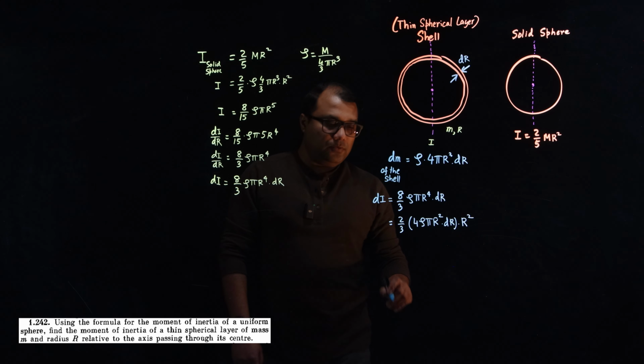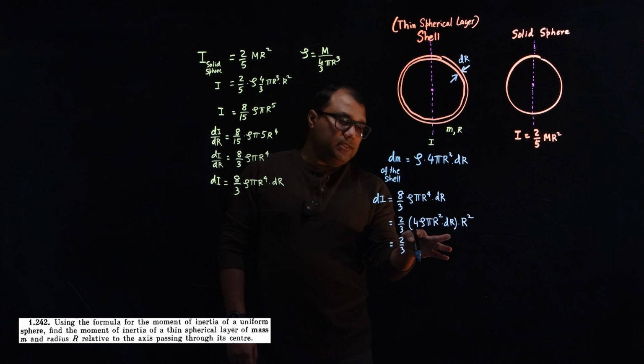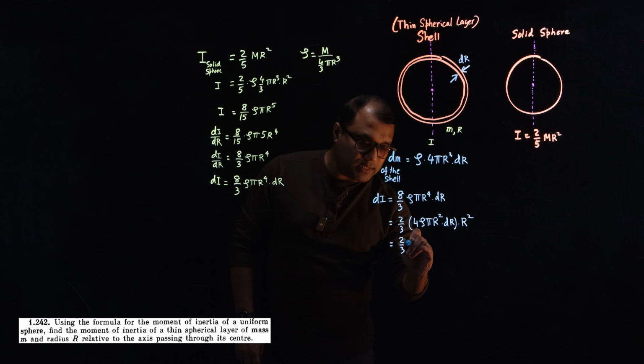Okay, r to the power 4. Okay, so this becomes 2/3. Now what is this? This is the mass of the shell, dm r square.